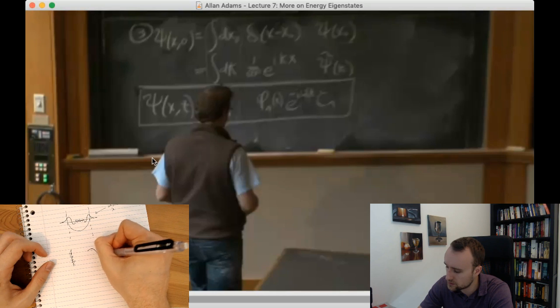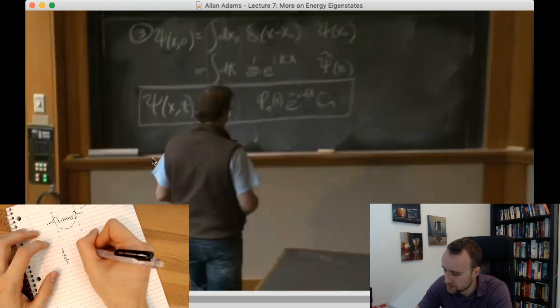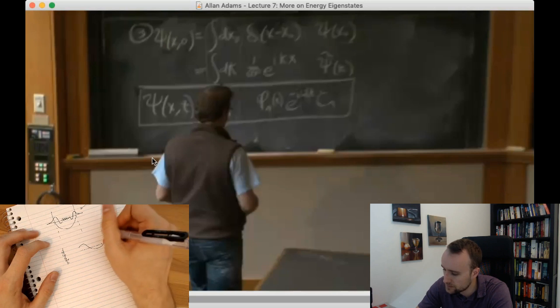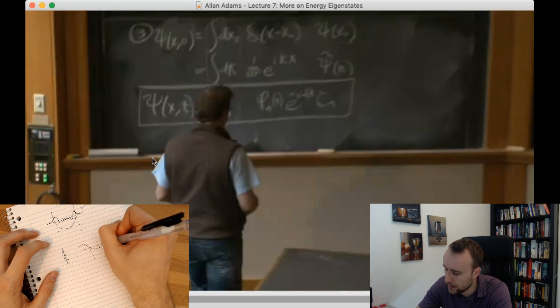Okay, let's draw this. This is our potential, so you can imagine this is some kind of soft rolling hill, and this is going to be our energy state. And if this is the energy state, then if this was a ball and you rolled it down here, it wouldn't go past here. And this is where it would stay.